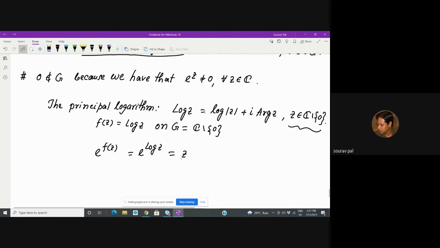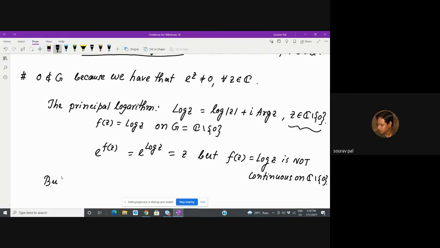This f is then a continuous function, and this equation is satisfied, so it will be a branch of logarithm. But this is not continuous on C minus 0.